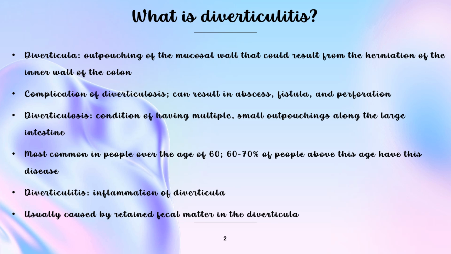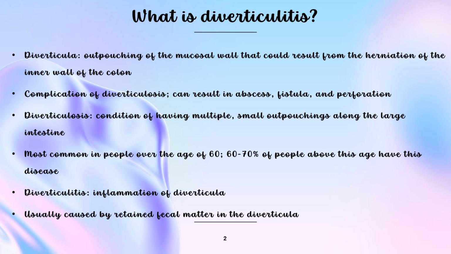It causes a lot of pressure in the lumen of the colon, and it'll cause you to have those diverticula. It's also very common in people who consume very low fiber diets and low bulk meals, and it is more common in the sigmoid colon as well. I'll get into further detail about that on my next slide.